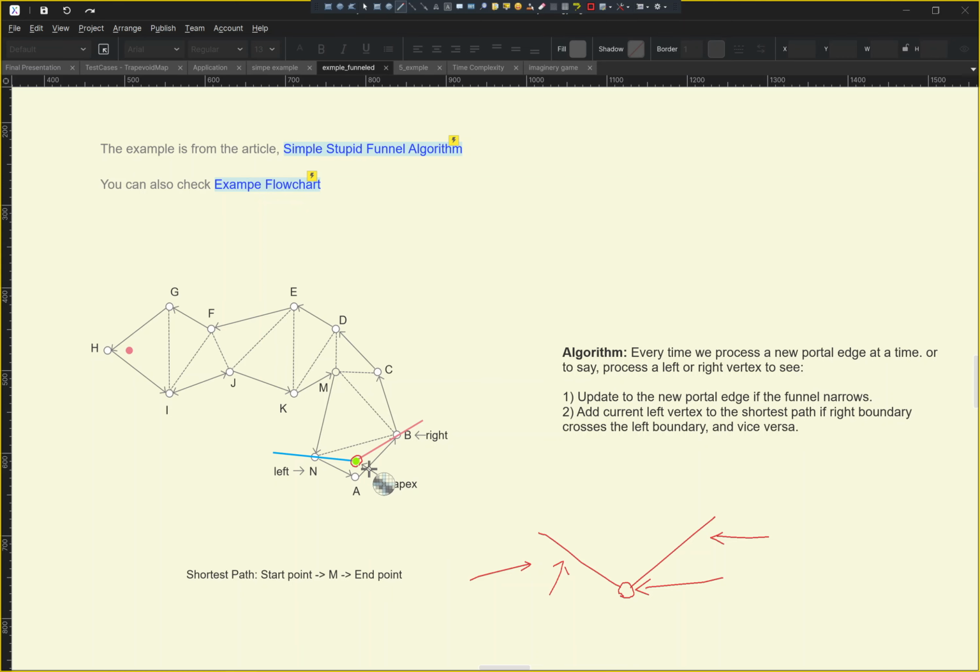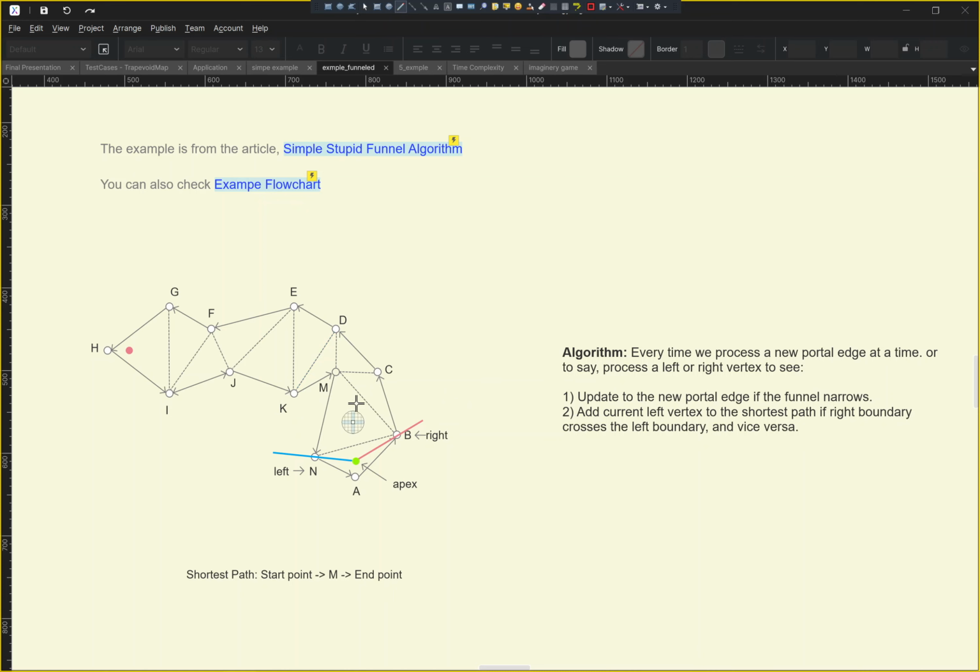In other words, the start point, the green point, is our apex point, and the left boundary is the line connecting the first left vertex N and the start point. Similarly, the right boundary is the line connecting the first right vertex B and the start vertex. At this point, we have our funnel.